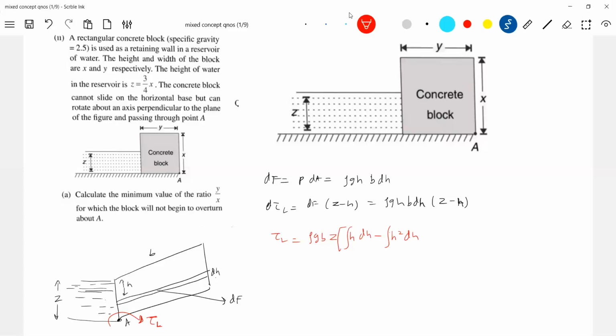What should be the limit? 0 to Z. So we get Z square by 2 minus Z cube by 3.